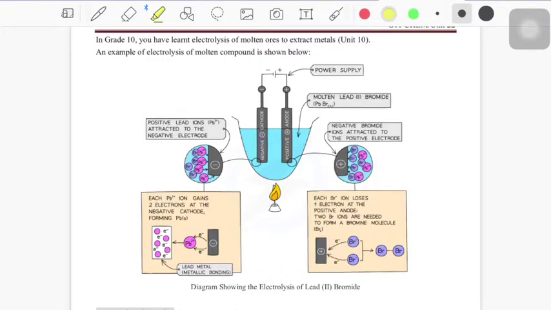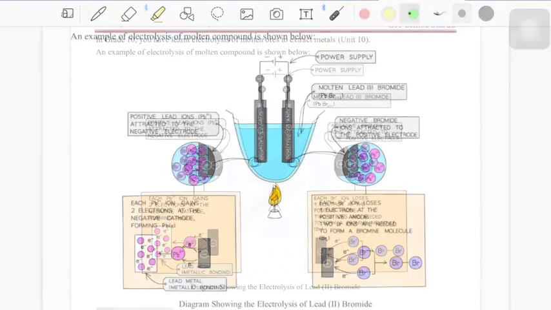For some more reactive metals, we can use a reducing agent like carbon, hydrogen gas or carbon monoxide to reduce them. And for those very reactive metals, none of the methods mentioned before would work. So we must use electrolysis to extract those very reactive metals.